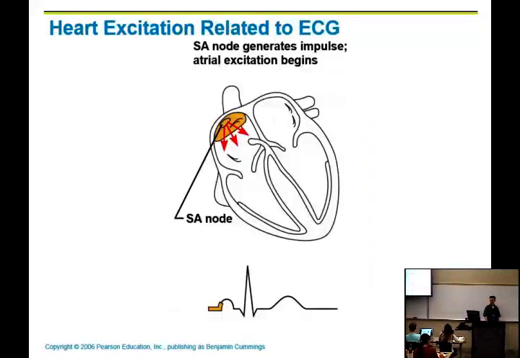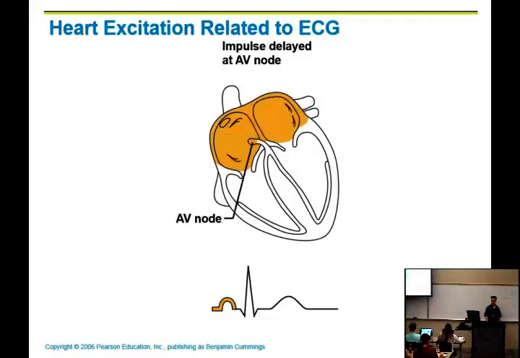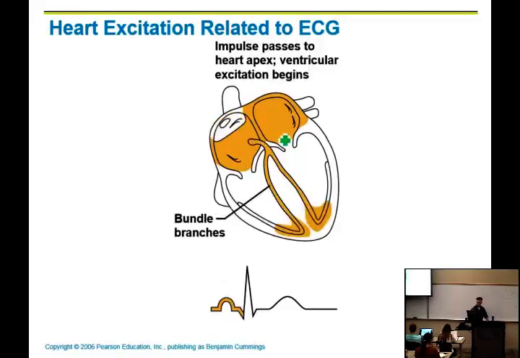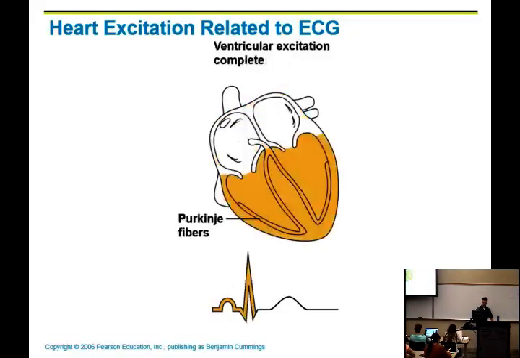The SA node gets the signal to begin with, it spreads to the rest of the atria, and when those muscles are starting to get their signal, that's our P wave that we see down there. That signal is going to pass from the atria to the ventricles. Now the atria are going into their relaxation phase, and the ventricles are starting to get stimulated.